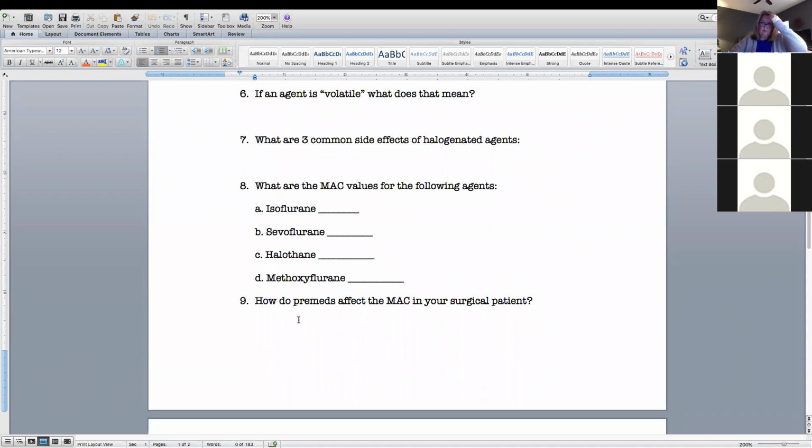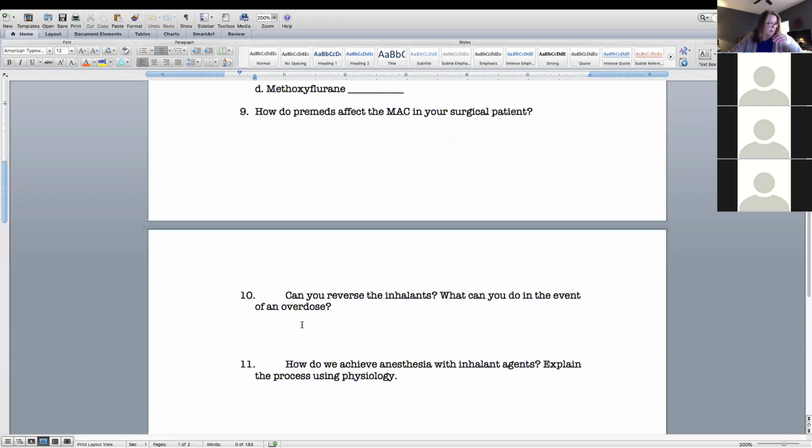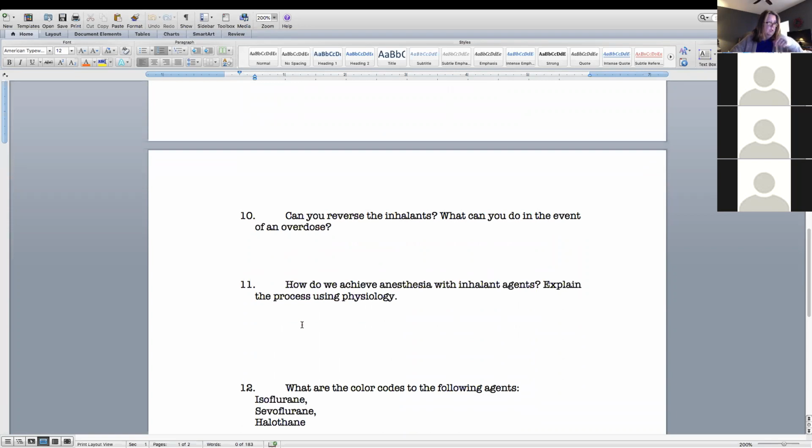So MAC sparing is one of the justifications to give pre-meds to every patient. That's a benefit.